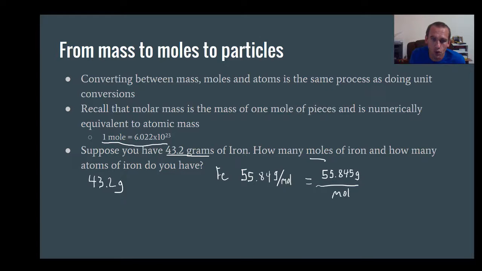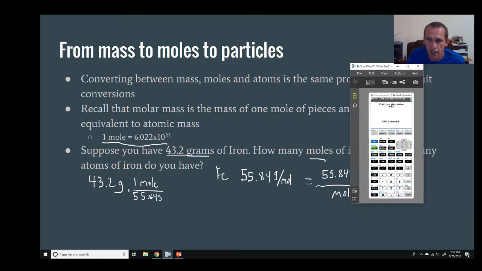If I want to get moles, then I need my grams to cancel. So I'm going to multiply by the reciprocal of this. So 43.2 grams times 1 mole per 55.845.